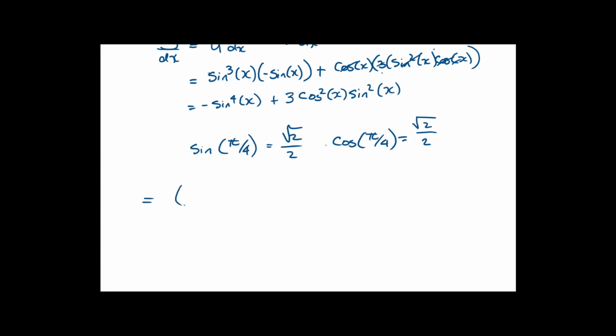So it's going to be negative square root of 2 over 2 to the power of 4 plus 3 times square root of 2 over 2 squared times square root of 2 over 2 squared.